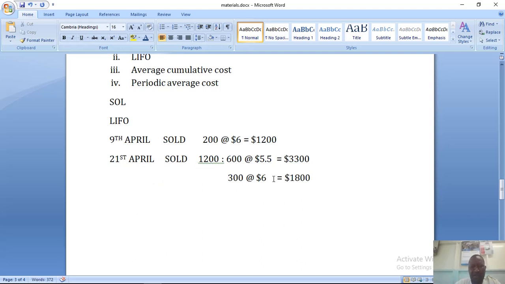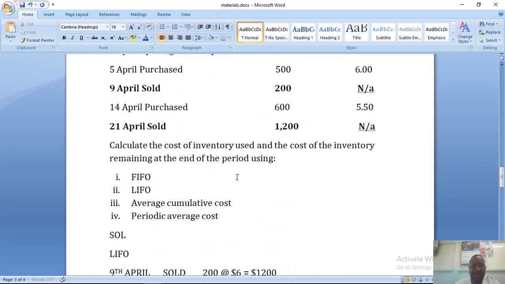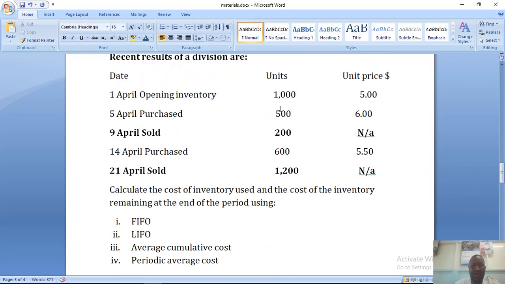When we issue 600 and 300, the total number of units issued so far is 900. We're still remaining with about 300 units that must be issued in order for us to complete 1,200. Those units are gone, so at this stage, the latest that we have is from the 1,000 units.